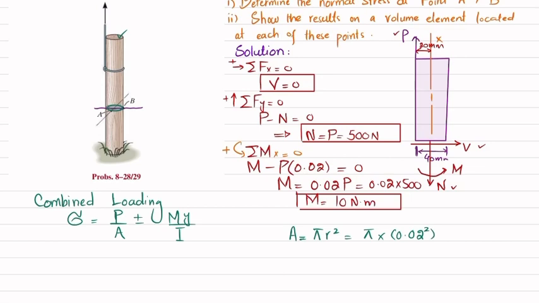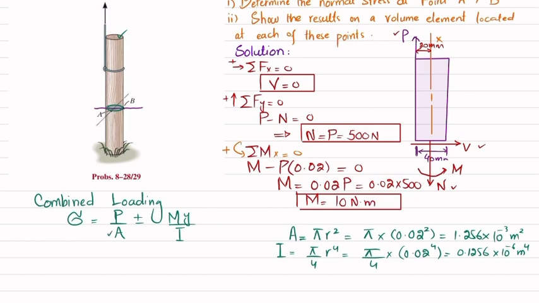So you will get the area will be equal to 1.256 into 10 to the power minus 3 square meter. Now I for this circular cross section is equal to pi by 4 r power 4. So pi divided by 4 multiplied by r, which is 0.02, and its power 4, and when you calculate it, it will be equal to 0.1256 into 10 to the power minus 6 meter power 4.